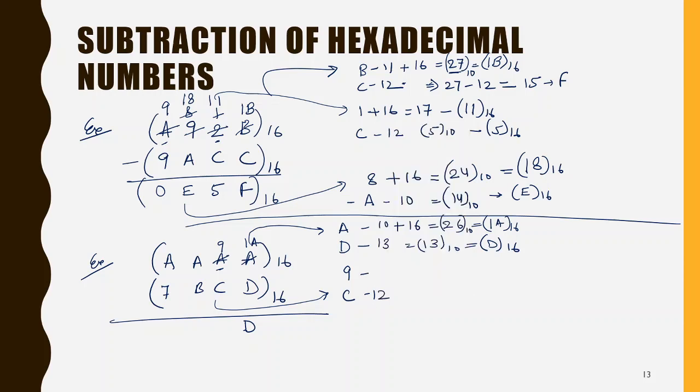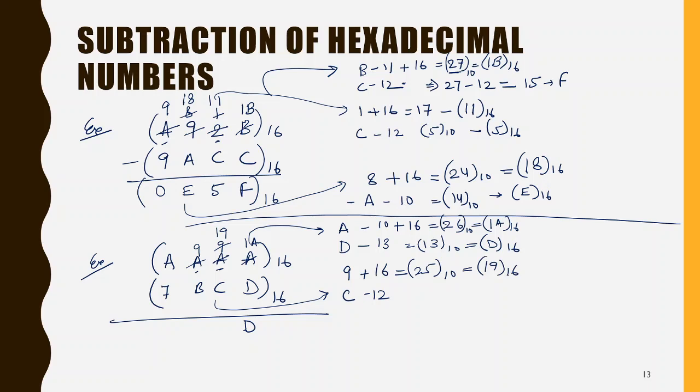So if I do this, I have to ask to borrow from here. So it will get reduced to 9 and this will get incremented by 16 and it will become 19. How will it get? Okay, 9 plus 16 is 25 in decimal, and how you write 25 is 19 in hexadecimal.